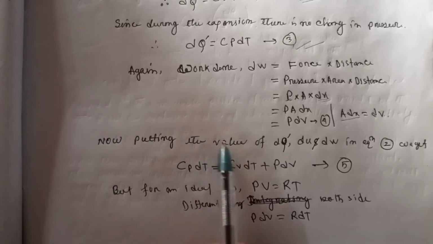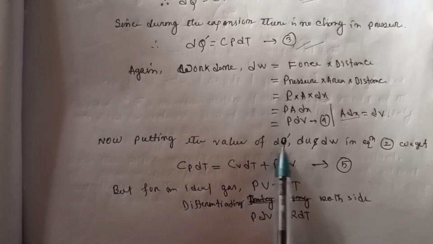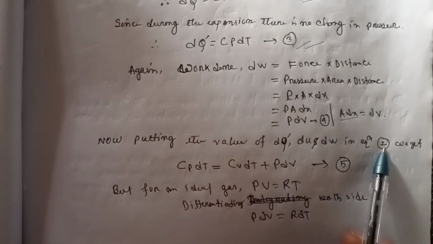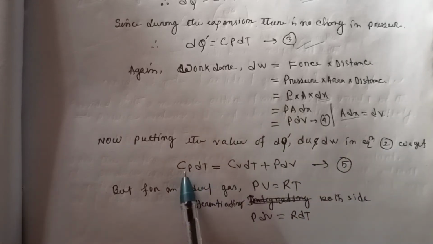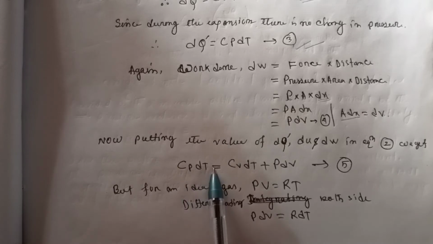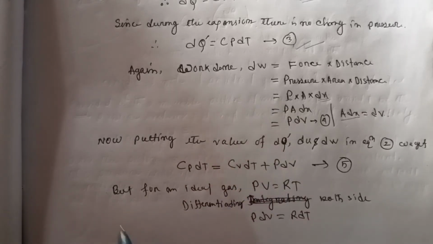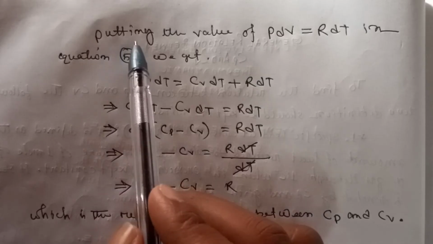Now putting the value of dq dash, dU and dW in equation 2, we get Cp dT equal to Cv dT plus P dV. But for an ideal gas, PV equal to RT. Differentiating both sides, we get P dV equal to R dT.